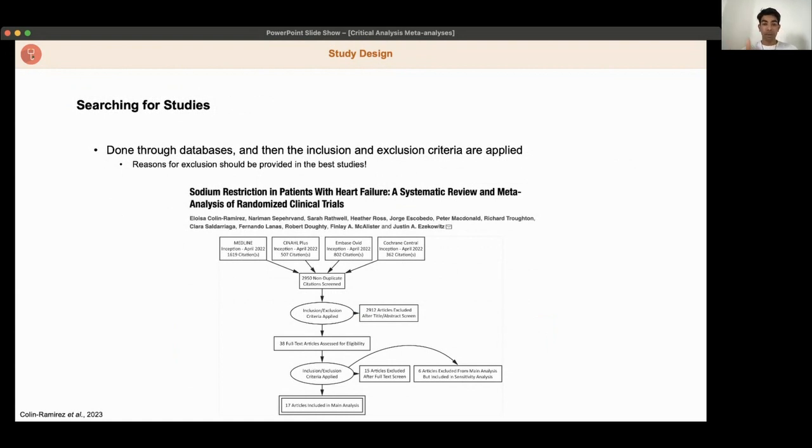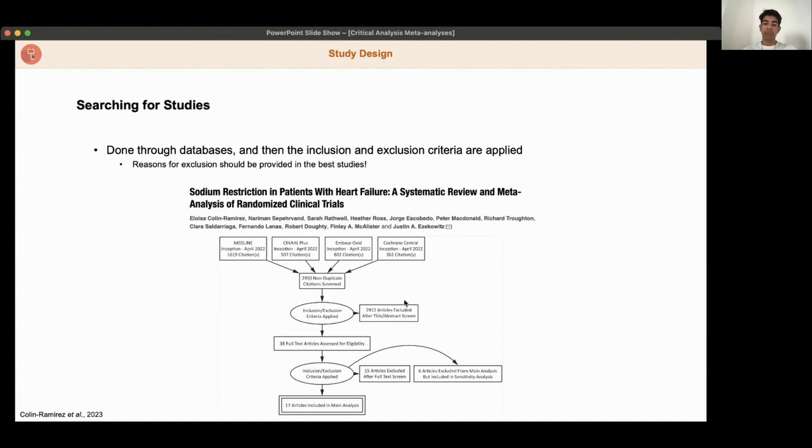And if you're excluding studies after you've found them, there had better be good reasons for it. So in this example, they've told you they've excluded some studies because of duplications, and they've ended up with 2950 that are non-duplicate.